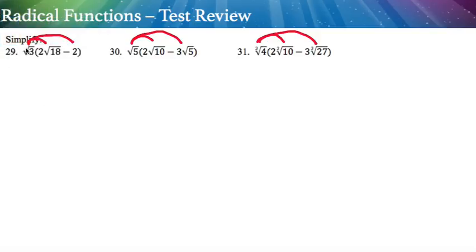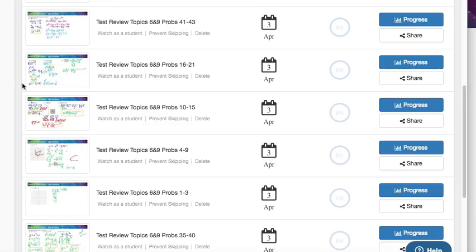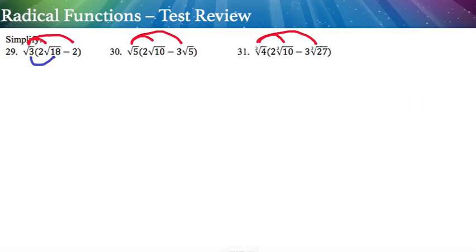So first of all, I can only multiply the 3 times the 18. Remember, the radicals, the number underneath the radicals, have to stay within the radical. So that is 2 square root of 54, minus 2 square root 3, and then I'm going to break this down.